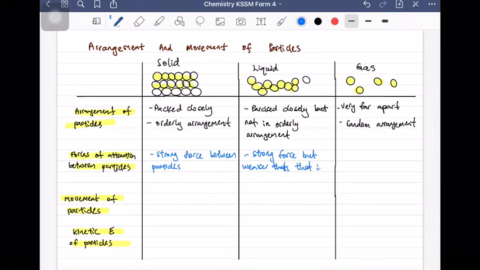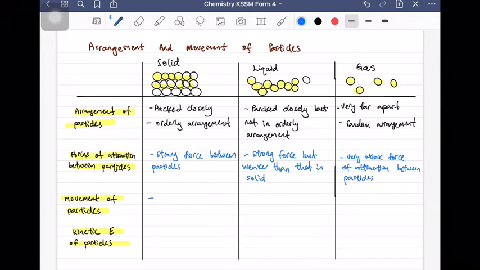For gas, there's a very weak force of attraction between particles.